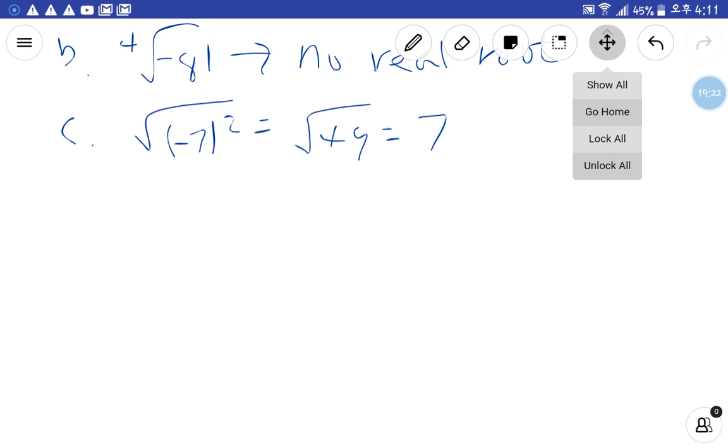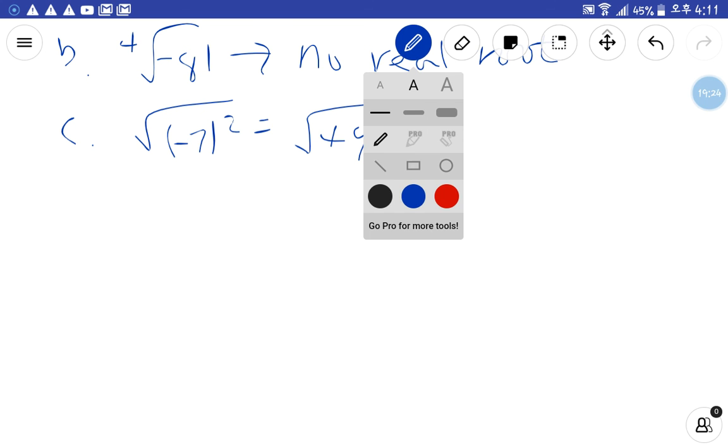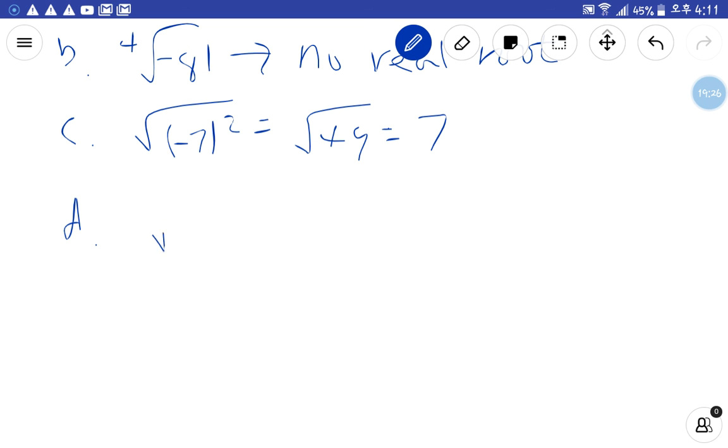Alright, now D. Radical negative 49. Oops. Since there is an invisible 2, which is my even number, and your b is negative, no real root is going to exist.